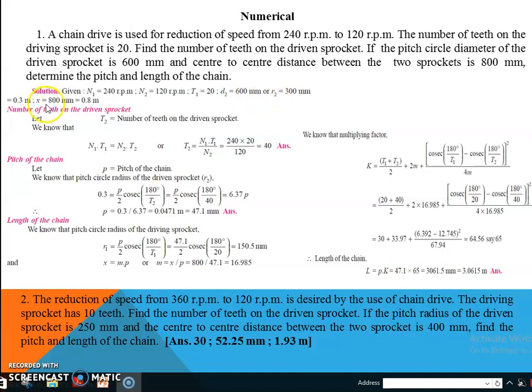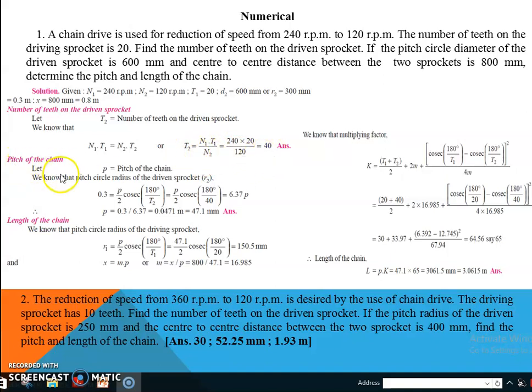Next, the center to center distance, 800 mm, is given. Then by using this relation, first of all get the number of teeth on the driven sprocket. By substituting the values of N1, T1, N2, you get T2 as 40.